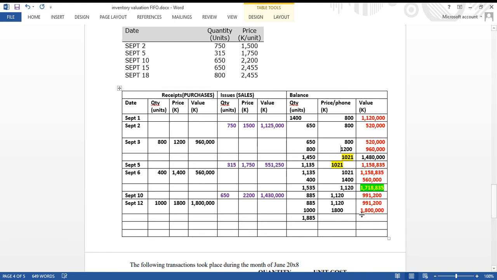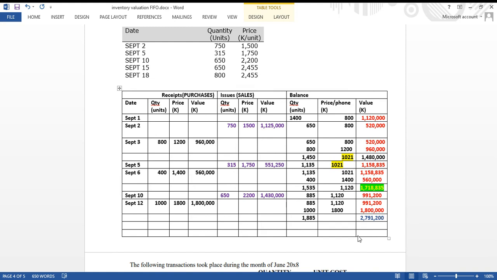Okay, so 991,200 plus 1.8 million. I hope someone is also calculating with me on this side. Let's not just be watching. In accounts it's practical, you also have to calculate.